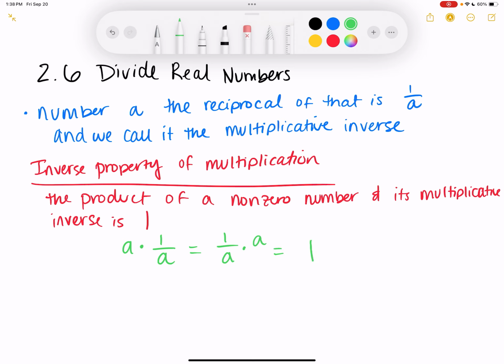And that's assuming A is not equal to 0 because we can't have 0 in the denominator. And with this, if A was negative, the multiplicative inverse would be negative 1 over A.